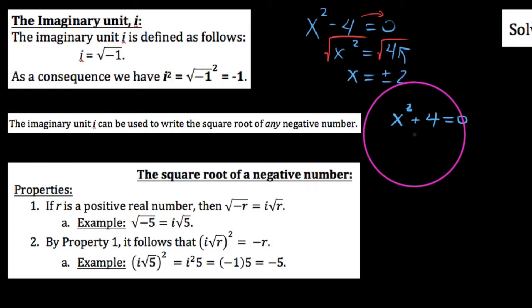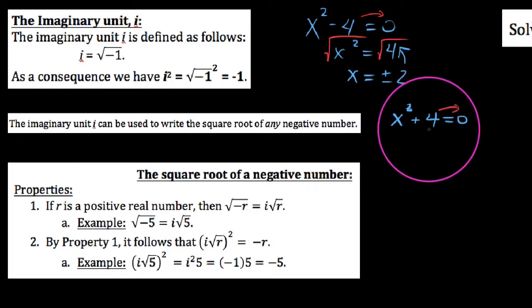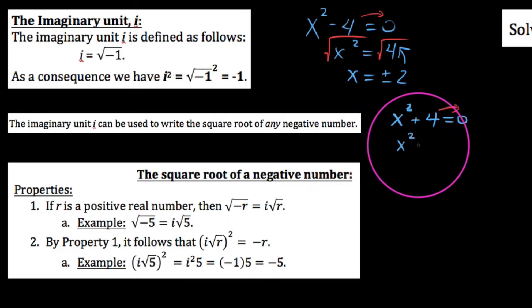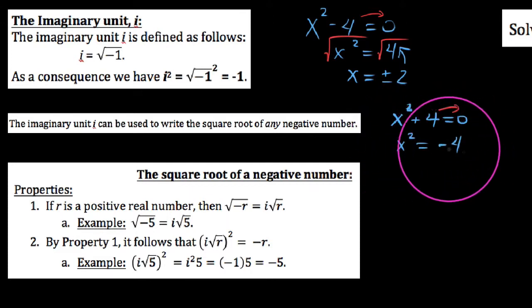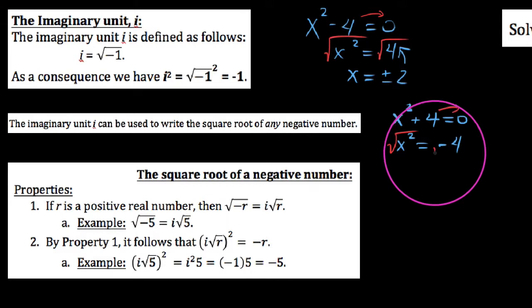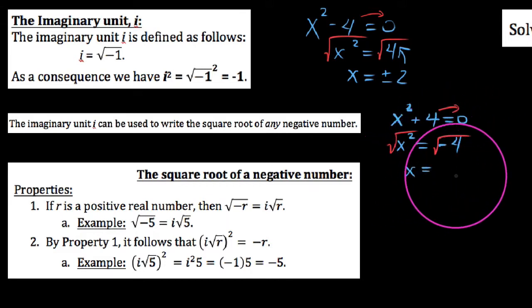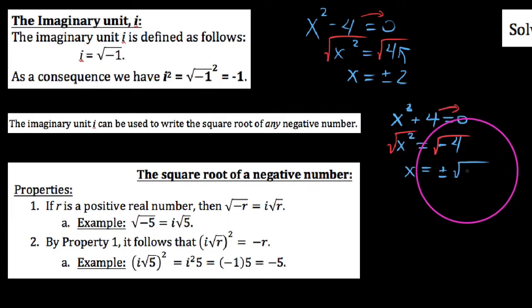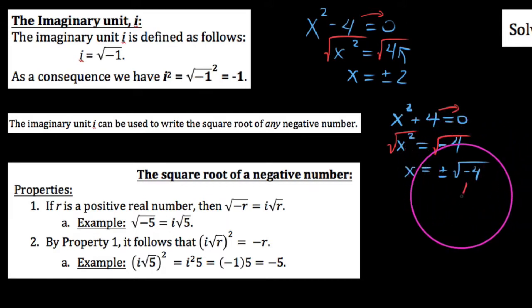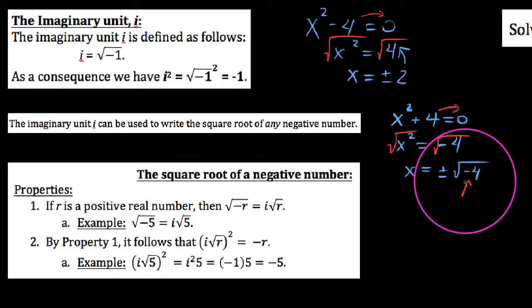So to try to solve this, we'd also subtract this 4 over to the other side. Well, we would in this instance subtract, not add like we did in the last one. But then we'd take the square root just like we did previously. We'd say, well, then x equals plus or minus the square root of negative 4. But the thing that's pretty profound about this is I'm asking, hey, what could we take times itself to get a negative 4?